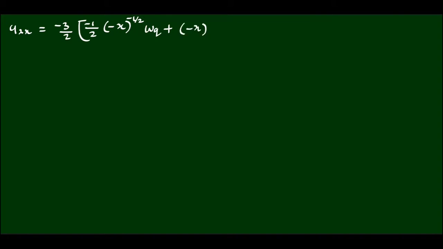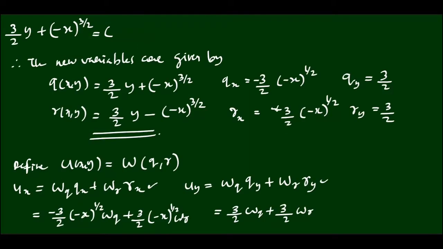So that will become minus x raised to 1 by 2 into derivative of wq with respect to x, which will be wqq qx, we are using chain rule, plus wqr rx. And now we can differentiate the second term. We have differentiated this term. Now we are going to differentiate this term.